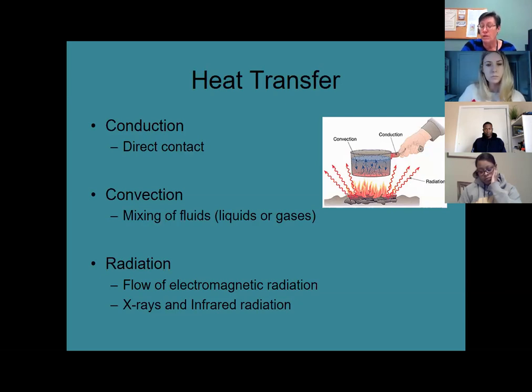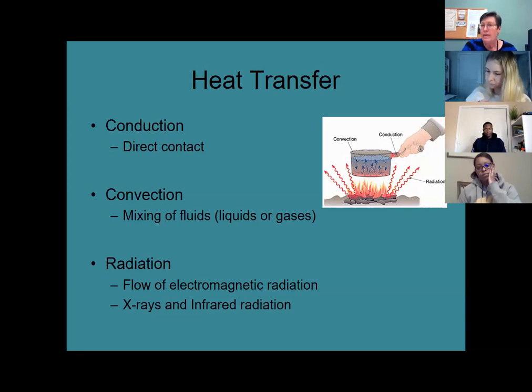Those hot fluids will rise, carrying that thermal energy with them. They'll push the cold fluids down toward the heat source. The same thing occurs with gases or with air. If you have a space heater, the air around the space heater heats up and rises, pushing the cold air down. So it's like a flow of fluids. Again, hot rises, cold falls.